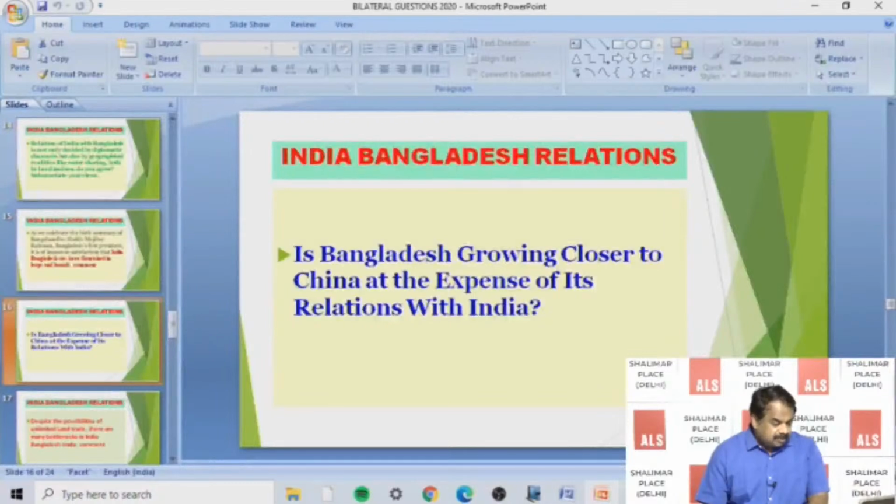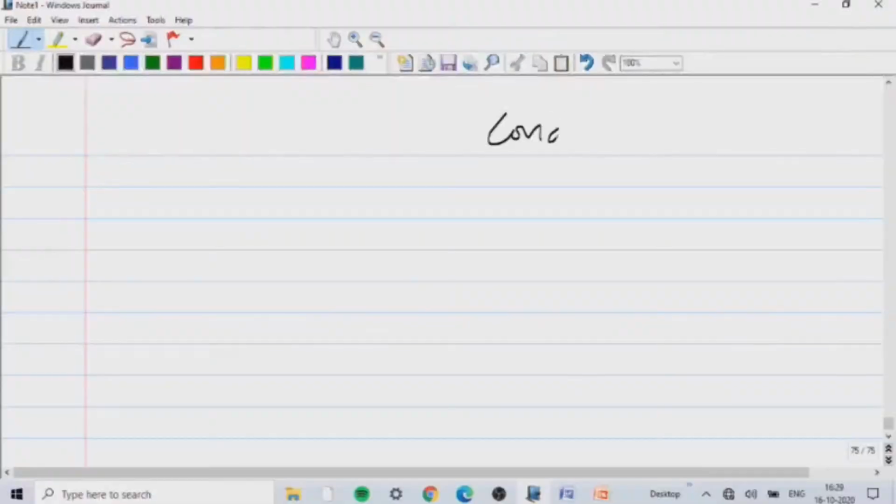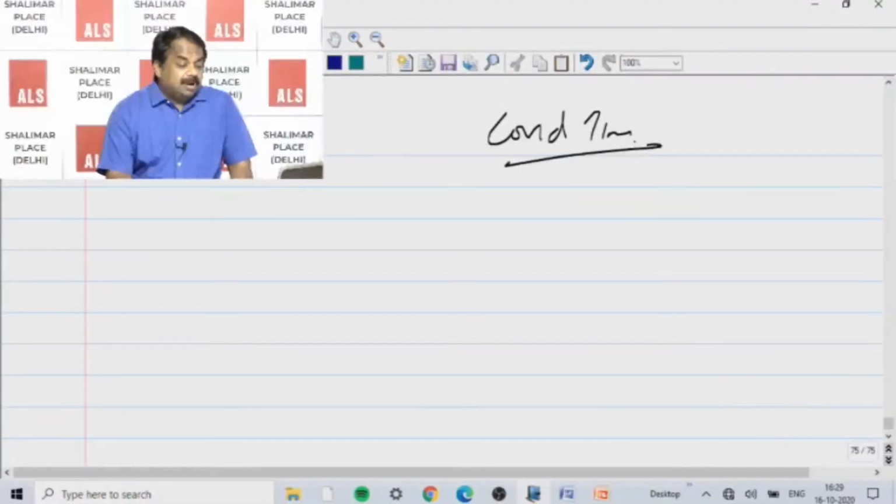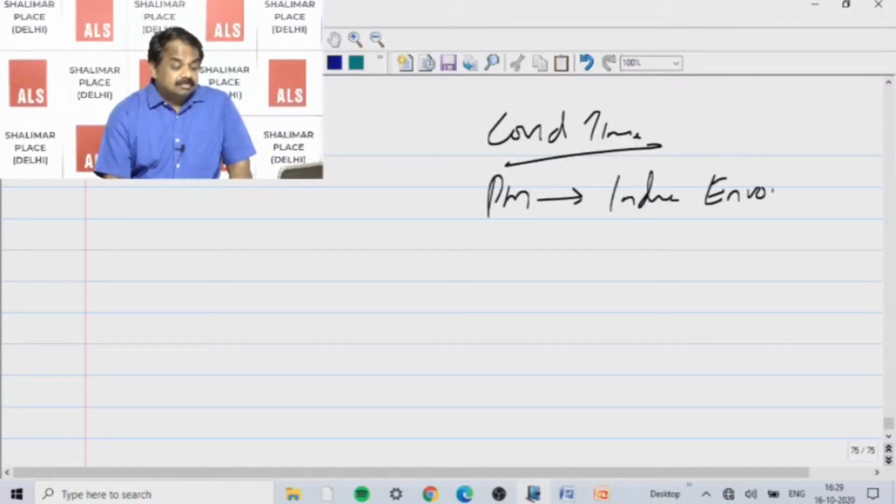So, in this, first of all, there are some newspaper articles saying that in the last few months, especially during the COVID time, the Bangladeshi Prime Minister refused to meet the Indian envoy for almost 3 months.